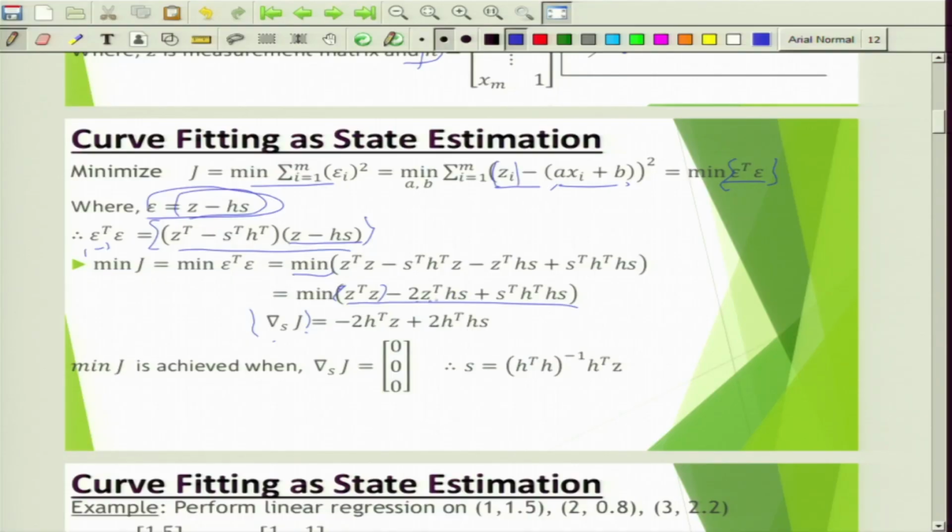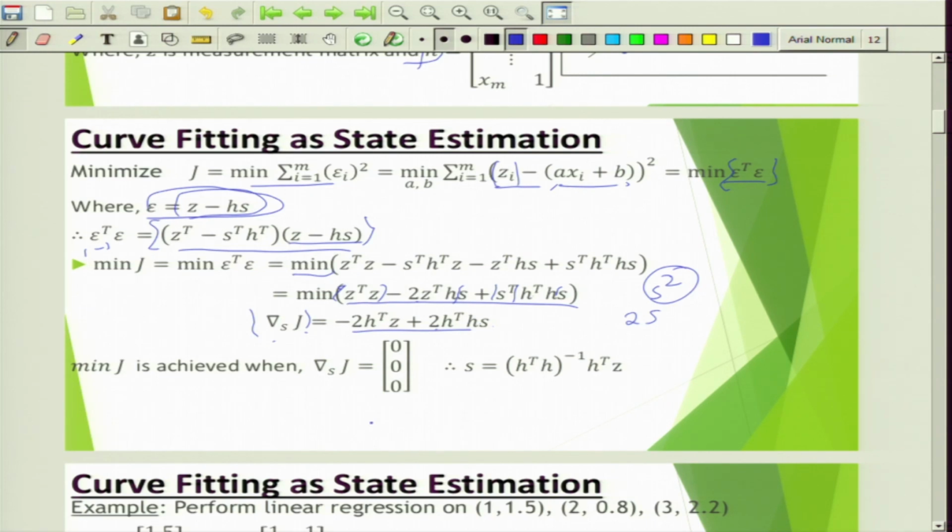Now you have to differentiate these two terms with respect to S. What you will get is minus 2 Zt into H, because dS by dS is 1, plus St Ht H into S, which is basically S square. When you differentiate, you get 2 Ht H into S. Now this is equal to 0, right.